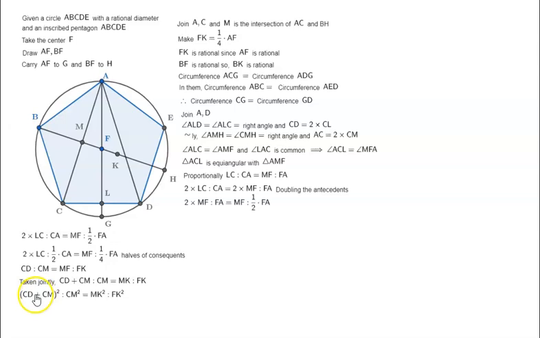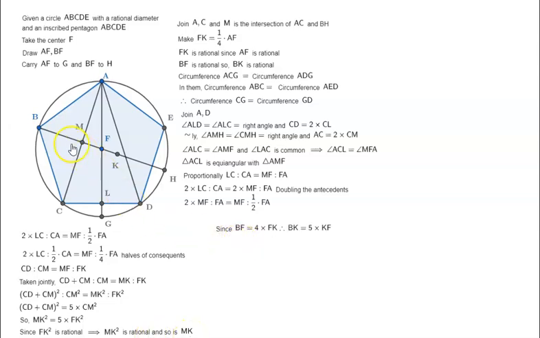So CD plus CM squared is to CM squared is equal to MK squared is to FK squared. We have seen previously that if we have this proportionality, then CD plus CM squared is equal to 5 times CM squared, which means MK squared is equal to 5 times FK squared as well. Since FK is rational, FK squared is rational, implies MK squared is rational, and so is MK.